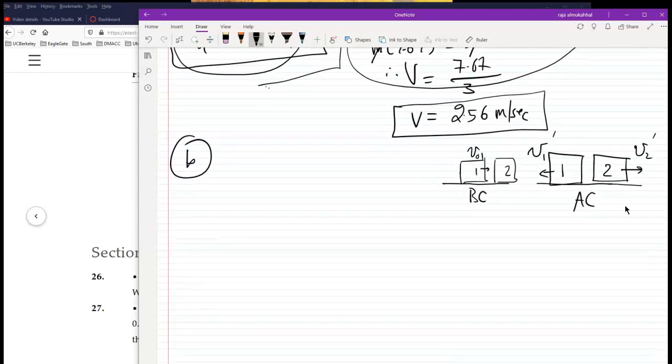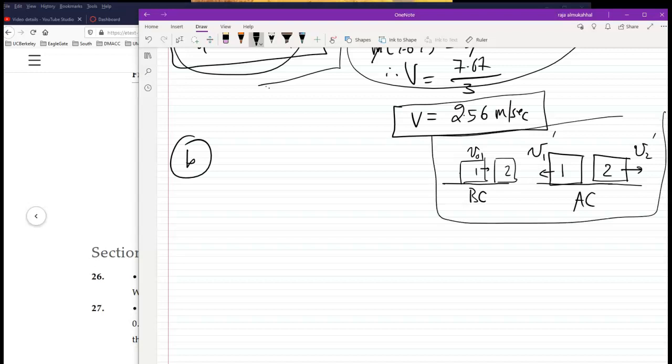So I need to find V1 prime. Okay. How do we do it? Well, looking at this picture right here, let's work out the momentum. BC is basically M1 V01 equals AC now, minus M1 V1 prime plus M2 V2 prime. See that? Got it?